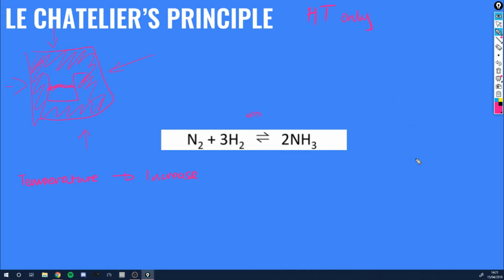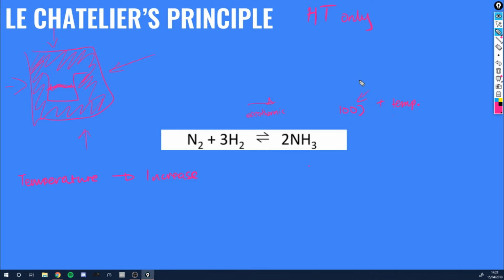So because we're at this point, we're going this way, because we're forming one molecule of that, so we're forming a bond between these two. This will give us an exothermic reaction because we're producing energy by making a bond. So, like I said before, imagine we have 100 joules here, and when you increase the temperature, that increases the overall amount of energy in the reaction.